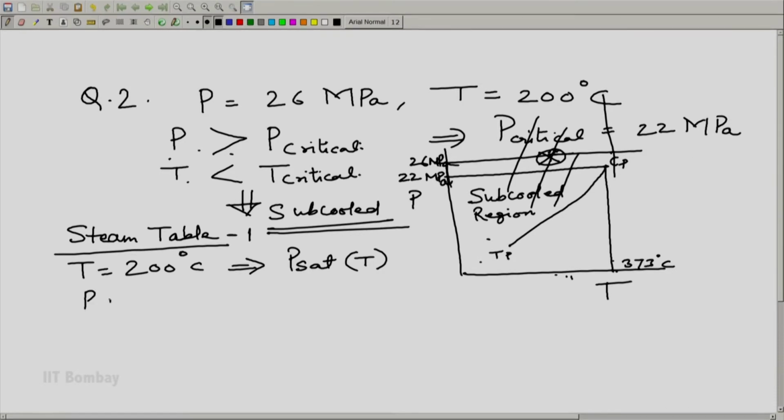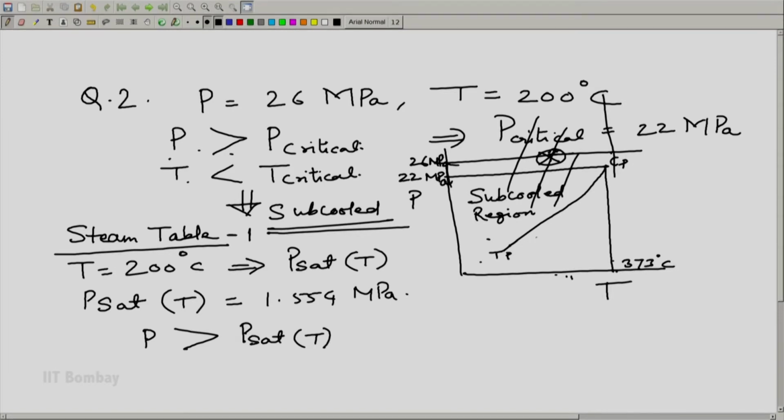So P sat T is equal to 1.554 MPa, and therefore I say my P is greater than P sat T. So if you remember, this is P sat T, let us say for this 200 degree centigrade, corresponding to this is P sat T, and because P is more than P sat T, we are in this region.